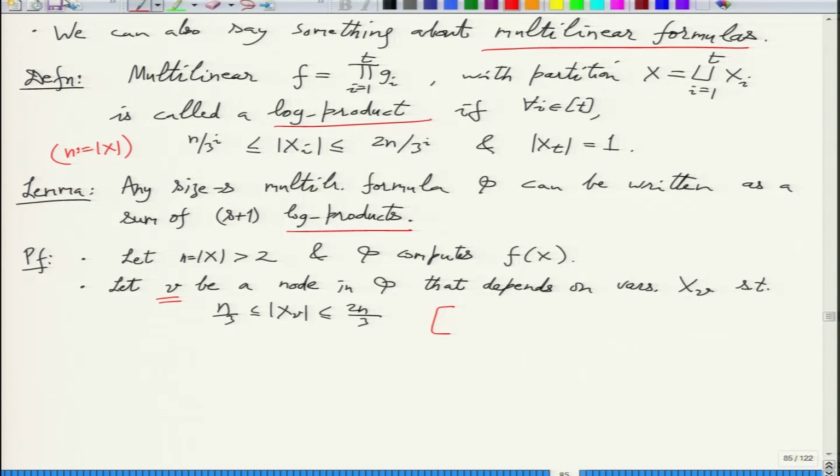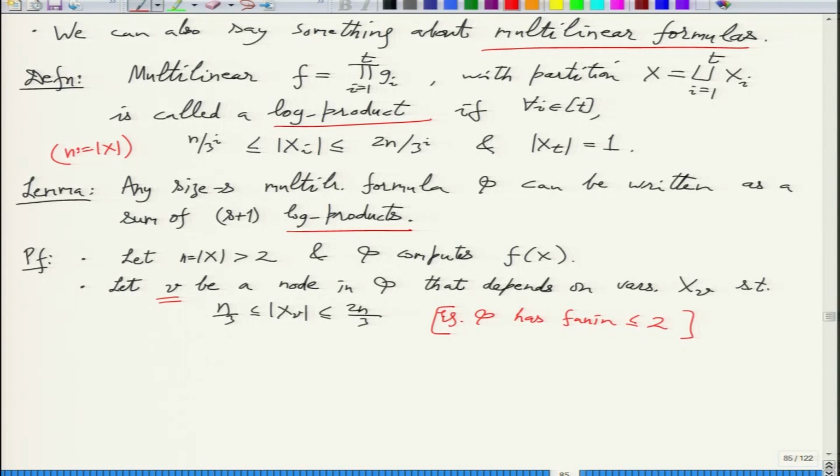For that, I think you have to assume fanin to be 2. If fanin is 3, you could have n by 3 for each input, and then all of them will be multiplied in one step and could become n. Yeah, so fanin less than or equal to 2 will be enough. So you can assume the canonical form. So phi has fanin 2, which should be required for this, and it should also be enough.